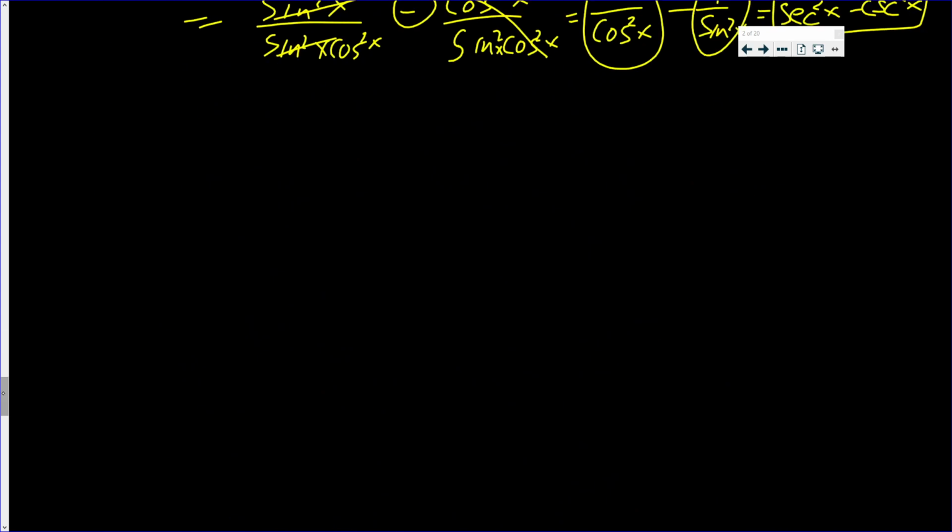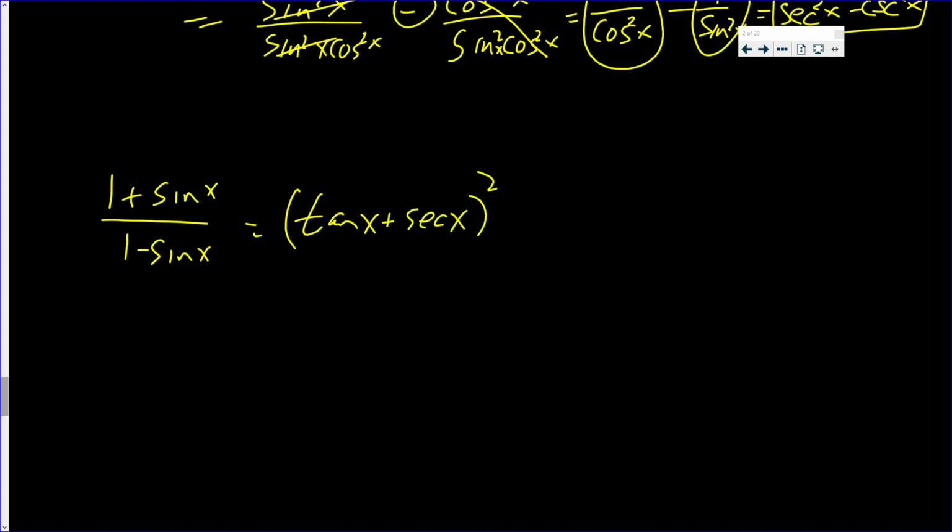That is that one. Let's do one more. Suppose you have 1 plus sine x over 1 minus sine x, and you want to show that this is tan x plus secant x, squared.